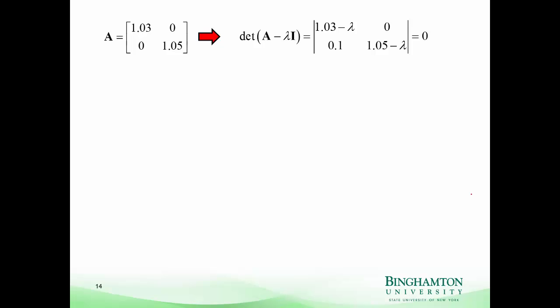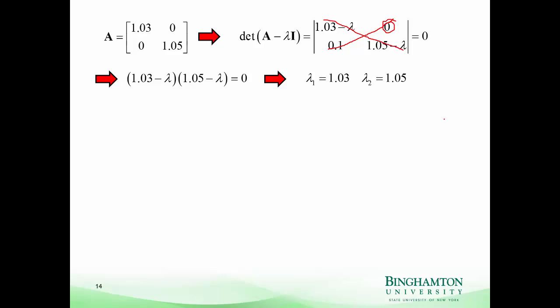We find the eigenvalues of this. And for this problem, it's very easy to find the eigenvalues, largely because there's a 0 sitting here, and so the multiplication in that direction gives us 0. So we really just have this times this. So we have two nice factors. When we set that equal to 0, it's very easy to find that it's these diagonal elements that give us the eigenvalues. And we kind of knew that already.